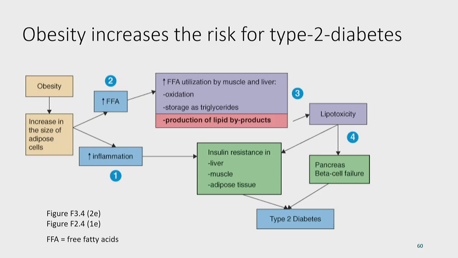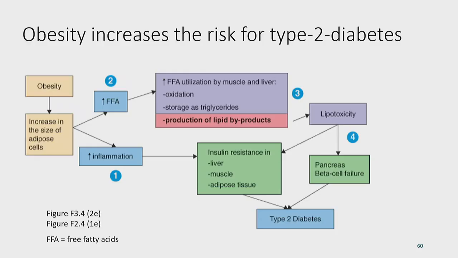If there is an overload of free fatty acids, as can occur in obesity, the fatty acids will be diverted into metabolic pathways that are normally not active in the liver and the muscle, and it will produce unhealthy byproducts. This process is called lipotoxicity, and the products that result contribute to the development of insulin resistance in the liver, the muscle, and adipose tissue.